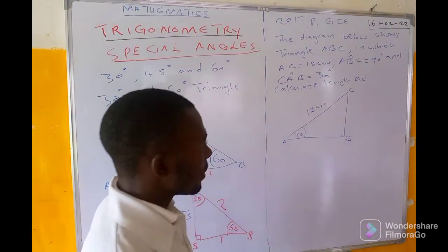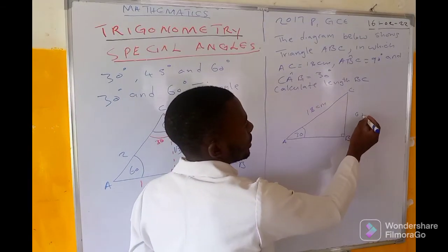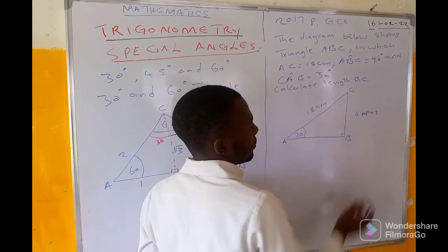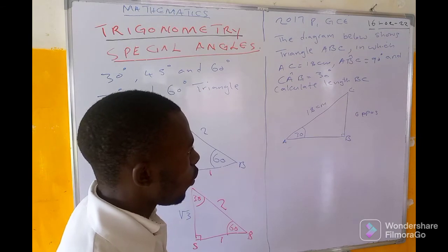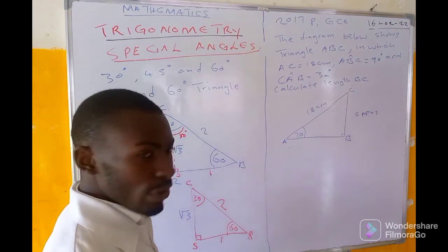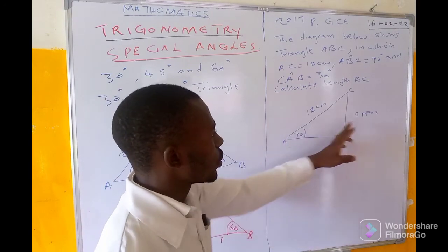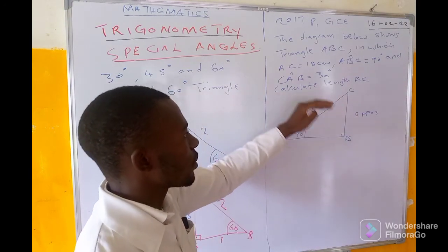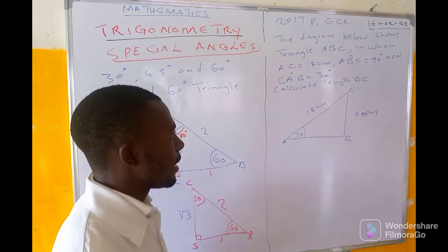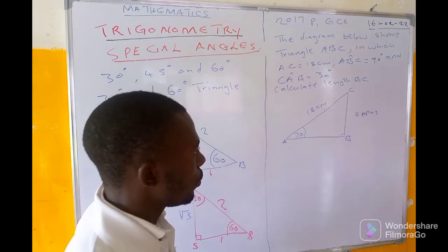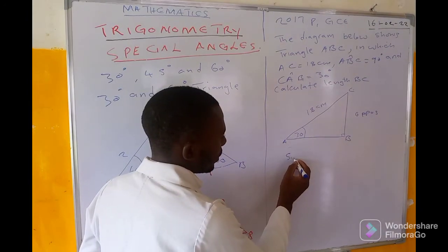BC. So if you look at BC here, this is an opposite side. So what are we going to do? You are going to get a trigonometric ratio which has got what? Which has got opposite and the hypotenuse, because the hypotenuse has already been what? Given. And which ratio are you going to use? It is the sine ratio.